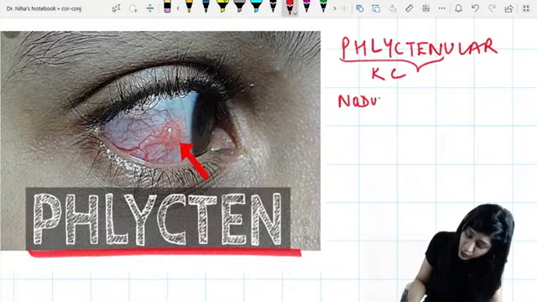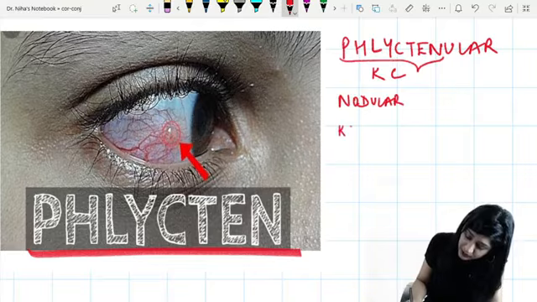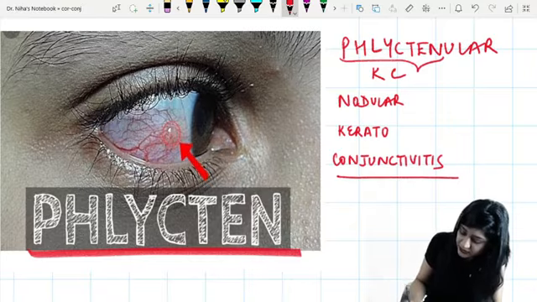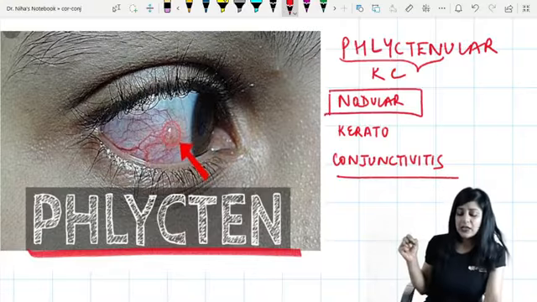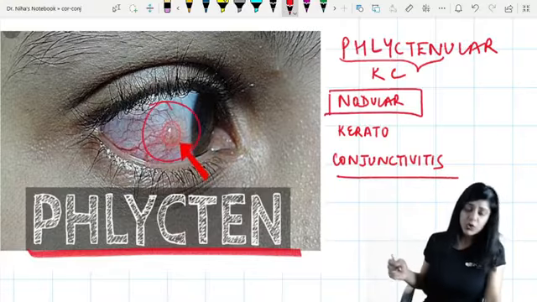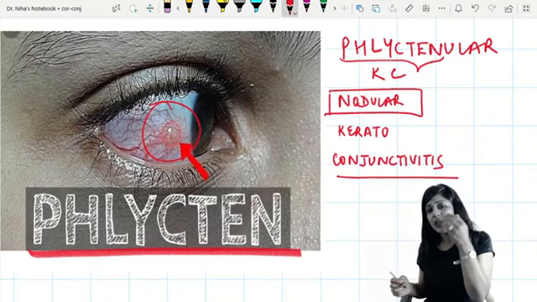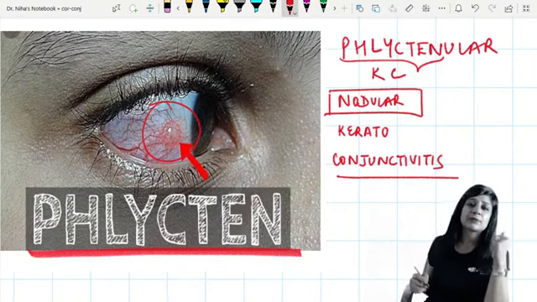So it is a nodular keratoconjunctivitis. We have a pinkish nodule near the limbus, which can slowly and gradually burst over the cornea, and we can have typical ulcers.